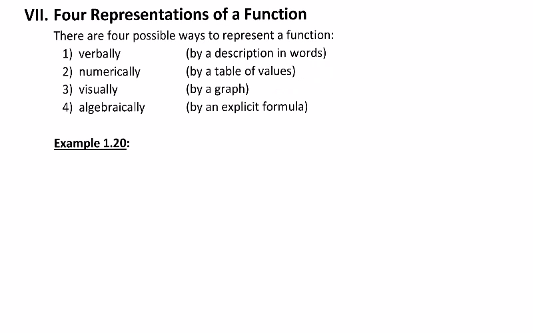So with this example, what I'd like to do is take you through one specific example that shows all 4 of the different representations. I'm going to start with the verbal representation, and what I'd like to describe is a calculation for the area of a circle. The area of a circle is a product.